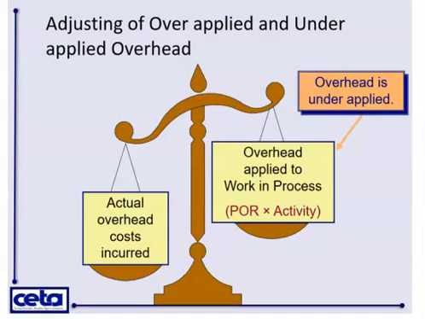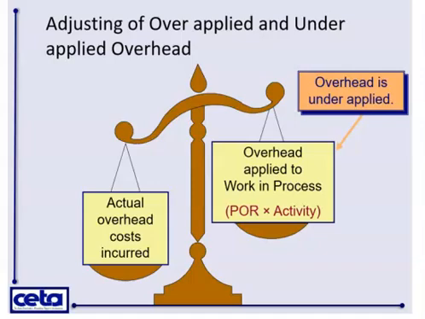So what will happen? We may make less profit. If we underestimate, then we may lose out. And if we overestimate and write a larger cost for overhead, then our selling price will be higher. In that case, if we are over applied, our selling price will be higher, and customers may move to our competitors because they find we are selling at a higher price.